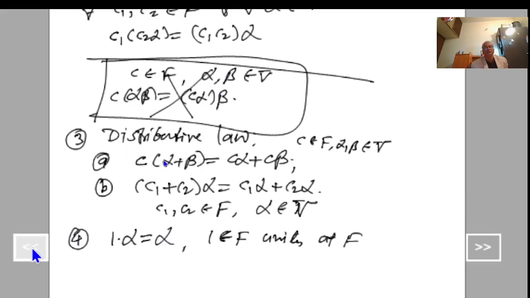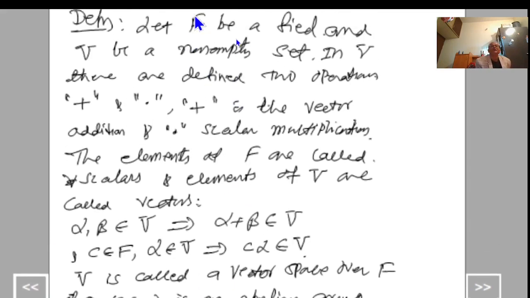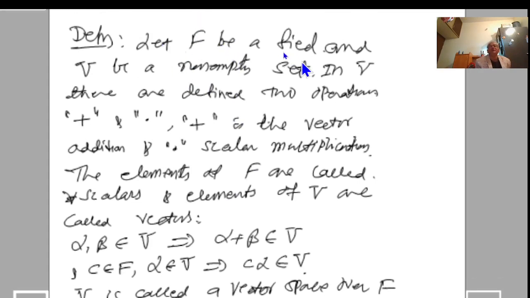The first axiom: see here how we define it. F is a field and V is a non-empty set. In V we define two operations, plus and dot. Plus is known as vector addition, dot is known as scalar multiplication, and the elements of F are called scalars. Elements of V are called vectors.